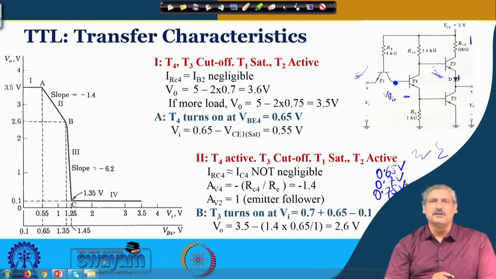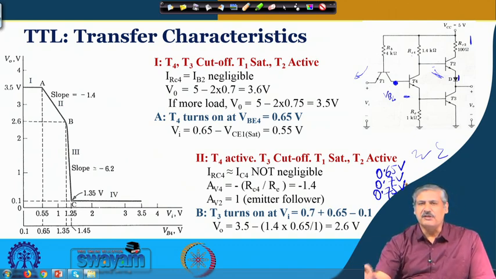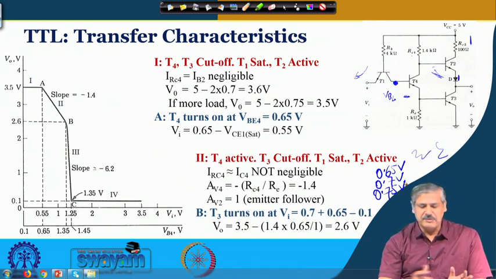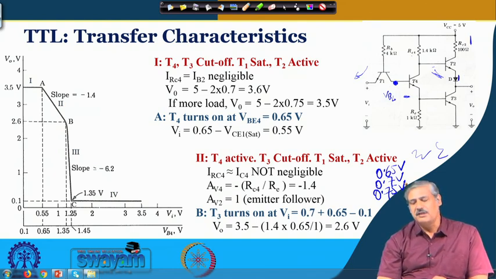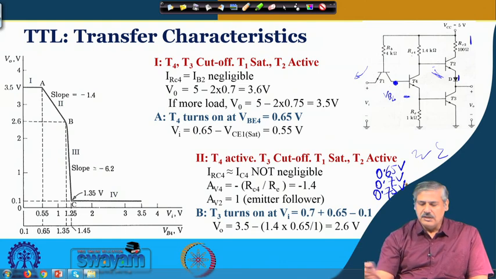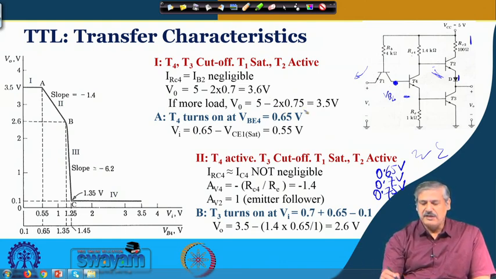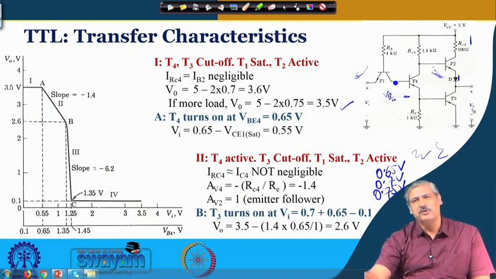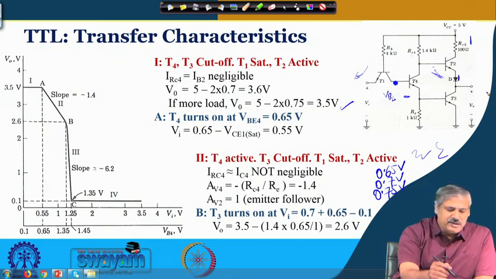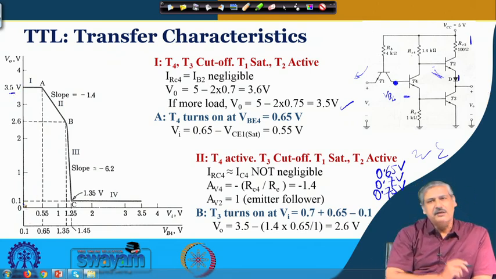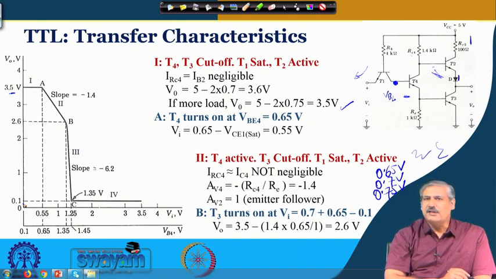This is how we look at the base emitter voltages for an approximate calculation of this transistor inverter characteristics. So, for that particular case, we have 5 minus 2 into 0.75, 3.5 volt will be available at the output when a load is connected and which is drawing a larger amount of current. Accordingly we find this point, 3.5 volt at 0 volt, over here in the transfer characteristic.